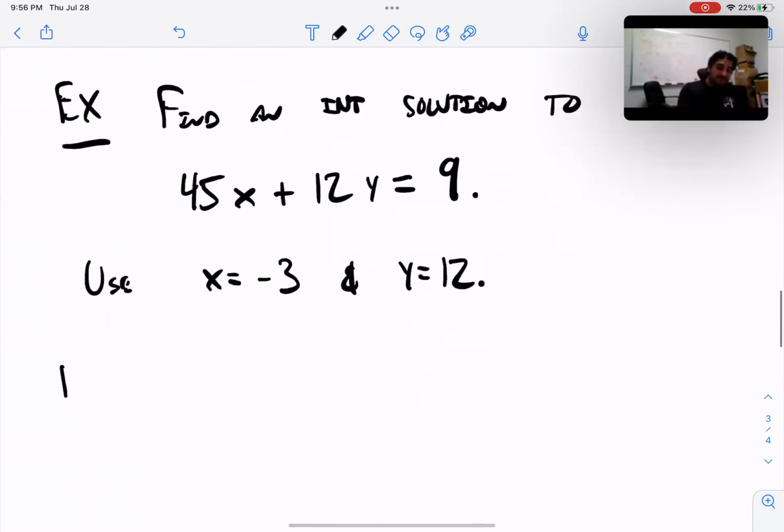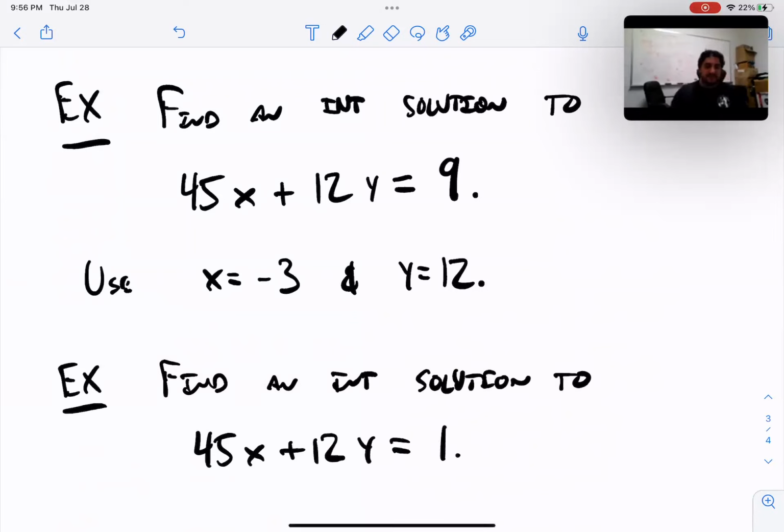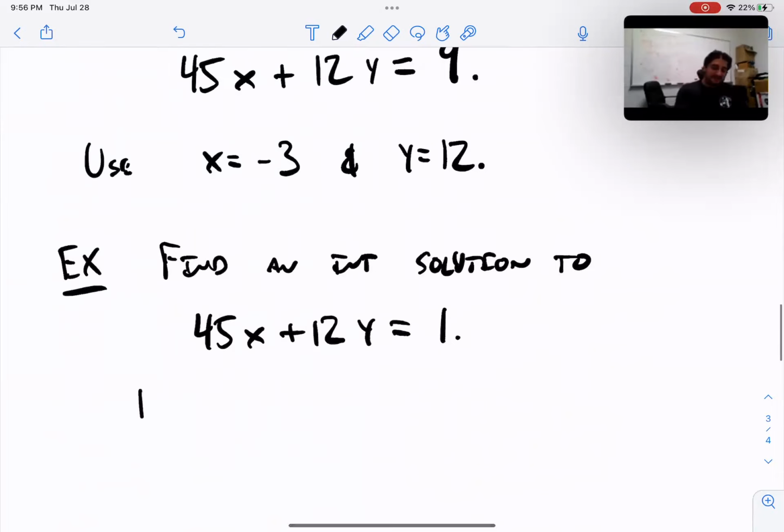You can also look at related equations in terms of this idea of the GCD, right? Say I said this, find an integer solution to 45x plus 12y equals 1, right? Well, you can say it does not exist. How come? Because the left-hand side, what was the greatest common divisor of 45 and 12?